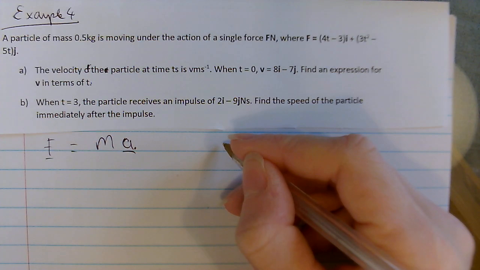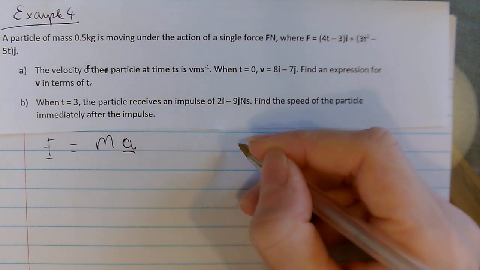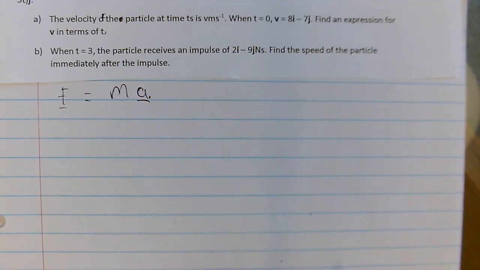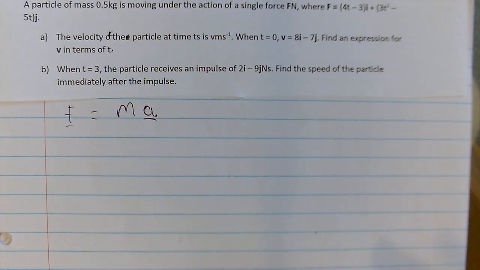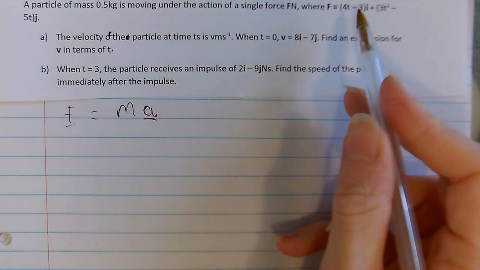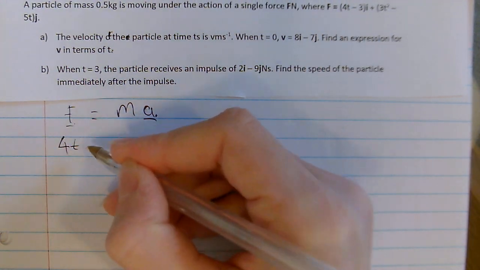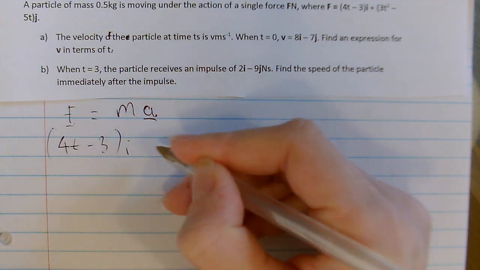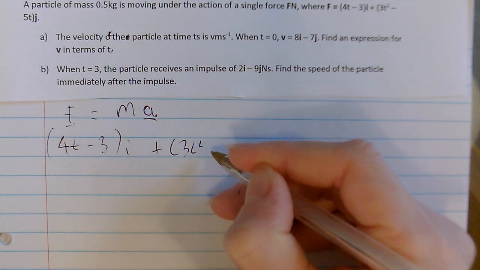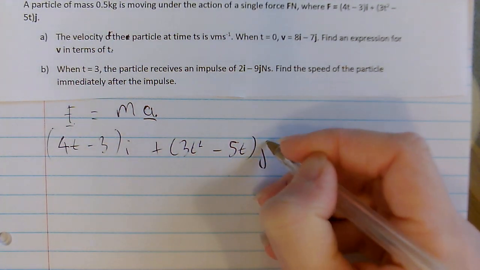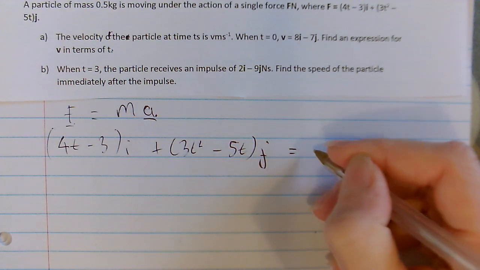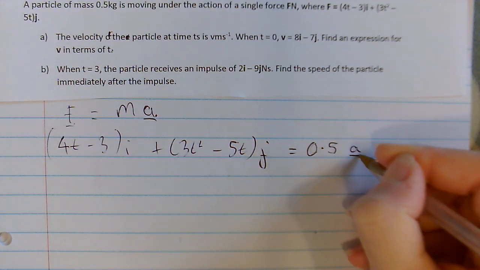So we can say that if F equals ma, where I see F, I can put my expression for F. So (4t minus 3)i plus (3t squared minus 5t)j equals the mass, which is 0.5, times acceleration.